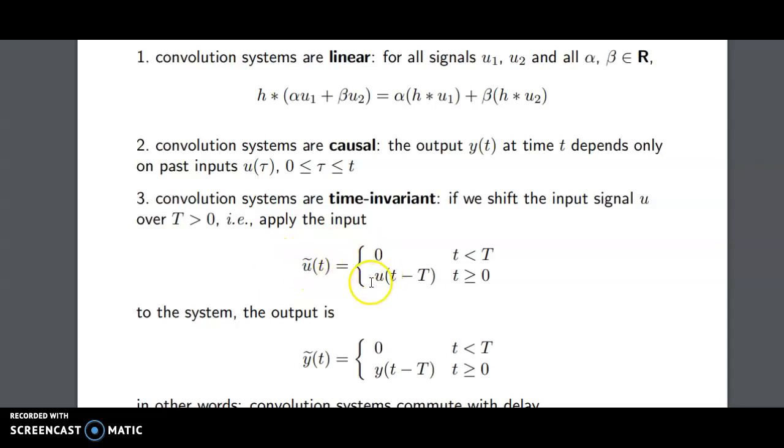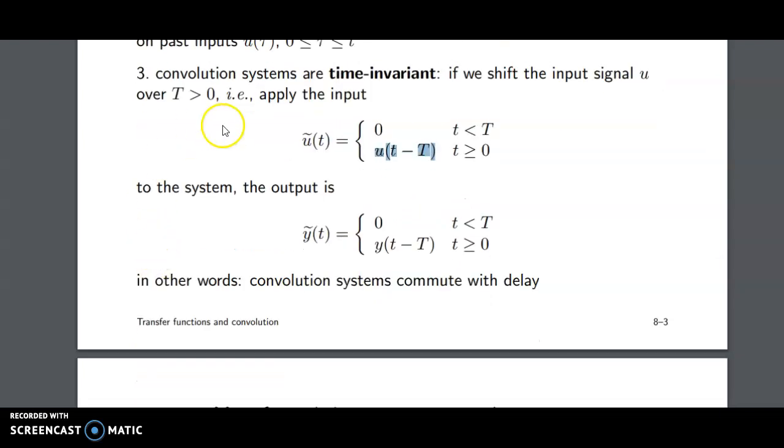But for t greater than 0, we have a function. Look here: u(t) equals 0, and the output y(t) equals 0, and then y(t) equals y(t minus capital T).